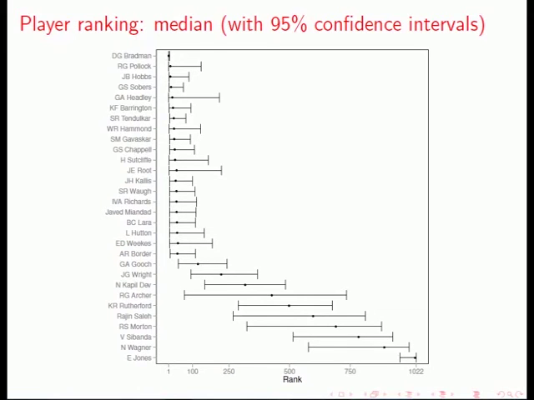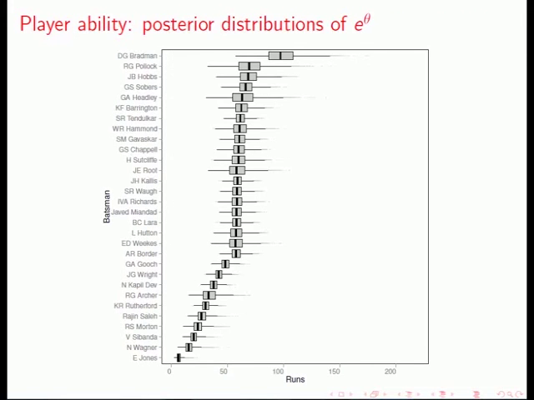So the dots here are the median rank, the median in the posterior distribution, and these are the central 95% equitail confidence intervals. So it's pretty sure that Bradman was the best. But what's interesting, or potentially interesting, is how wide these intervals are, right?